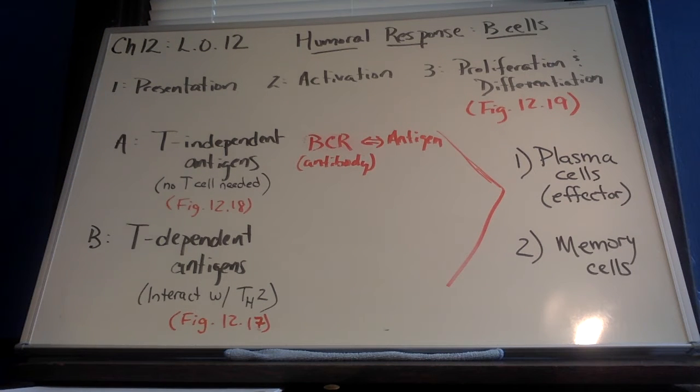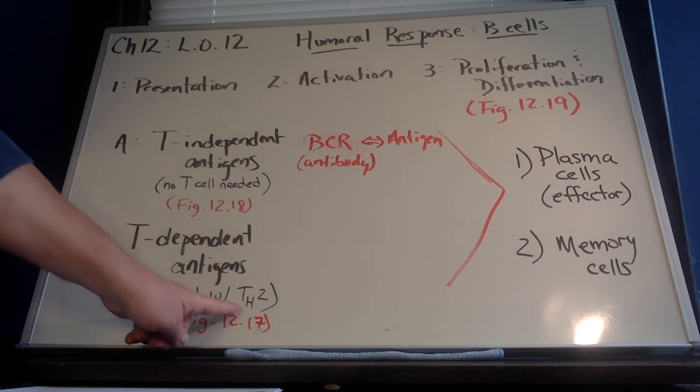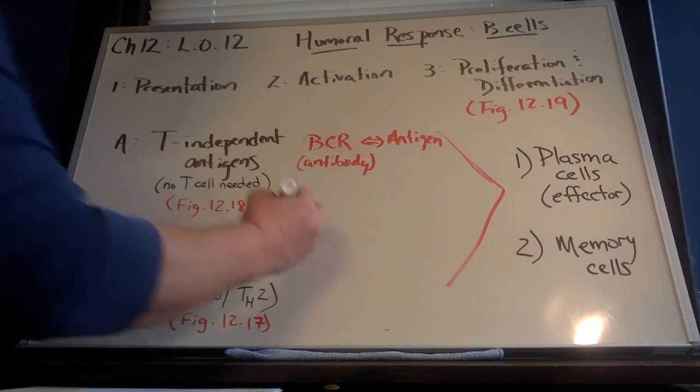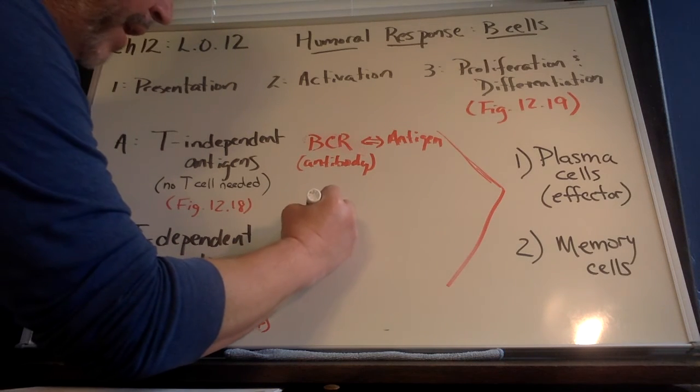However, you can also have T-dependent antigens. So you recall in our T cells, we had those Th2 helper cells here. Remember, the Th2 helper cells are what can activate the humoral response. This is one way that the cellular and the humoral response bind together. So we can see in figure 12.17, a B cell in this scenario will still come in contact with an antigen.